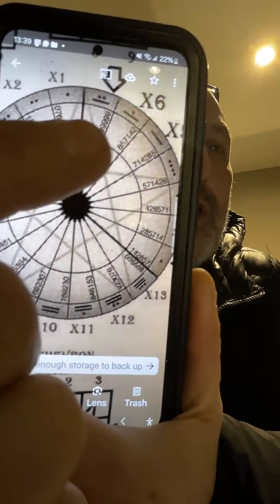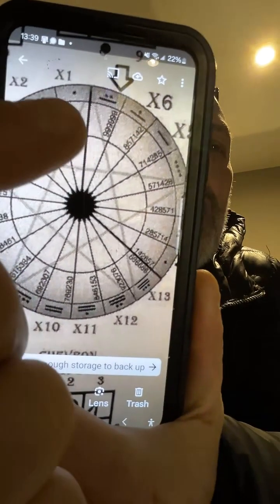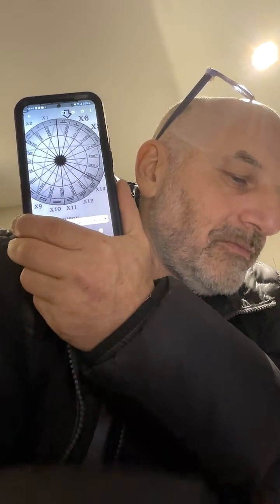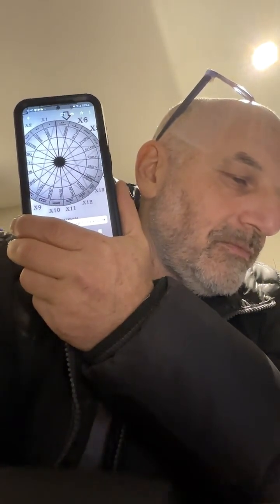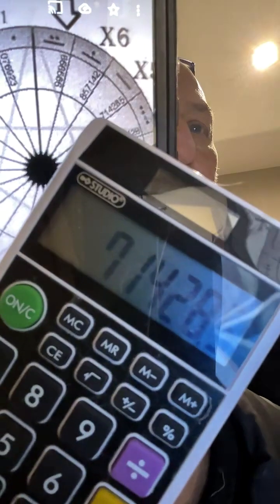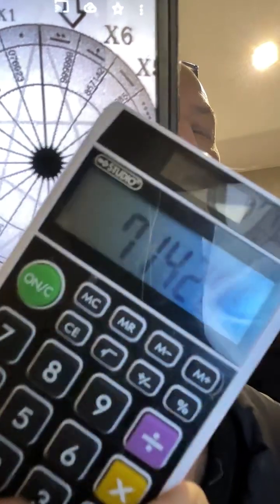But when you get to 14, it's going to be whole within itself, but it's still going to break down. Let me just do this. 714,285. It brings you to the 5th position.